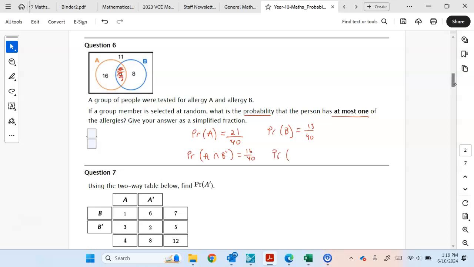And then the probability of B and not A is 8 over 40. So together we have 24 over 40, and we could have done that straight from looking at the diagram. Simplifying that, it's 3 over 5.